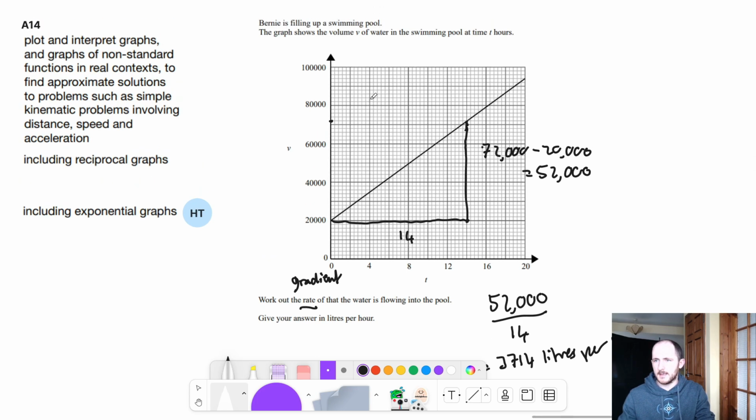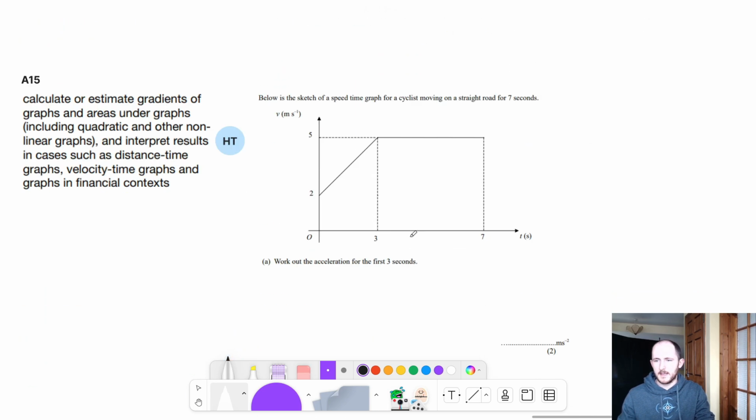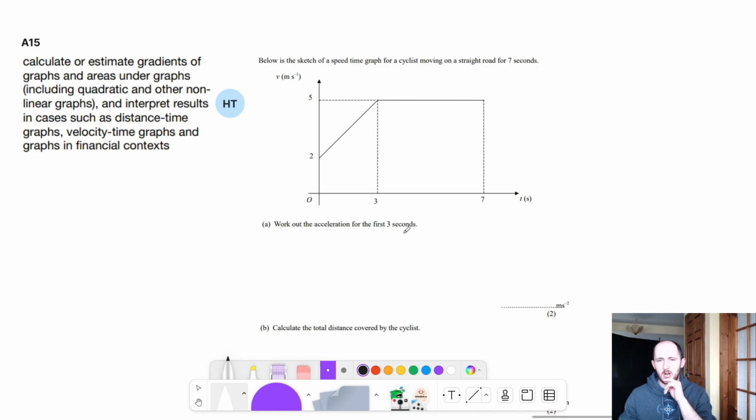Okay. And it does say volume in litres. Got there, that's fine. Calculate or estimate gradients of graphs and areas under graphs, including quadratic and other non-linear graphs.